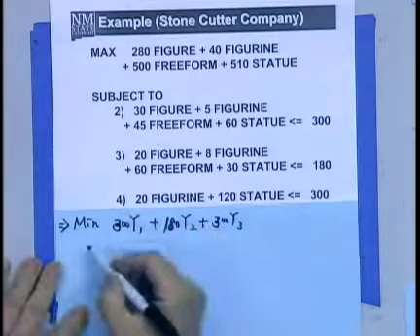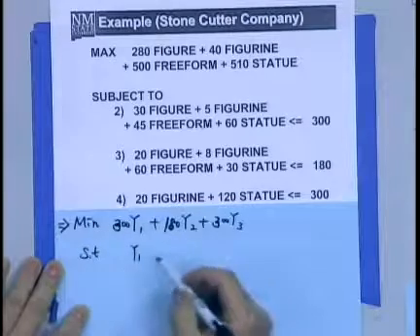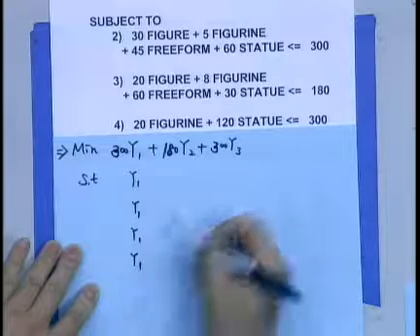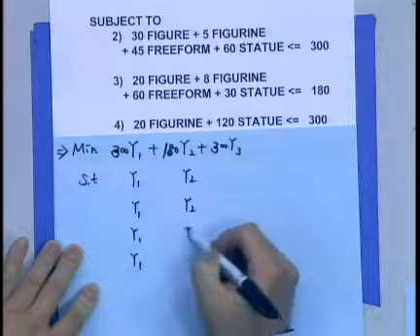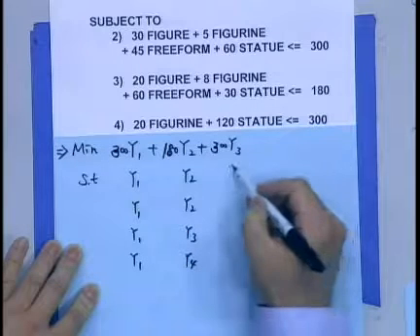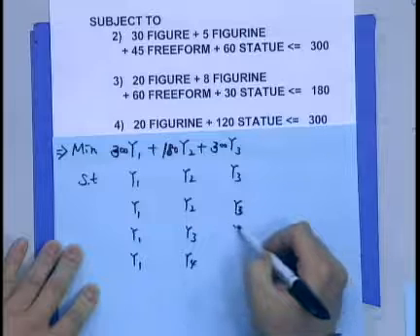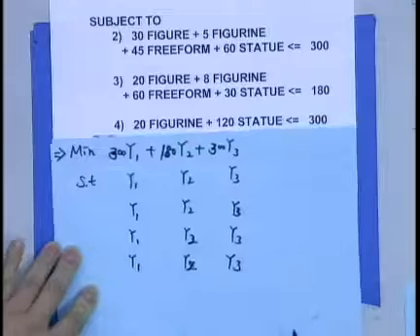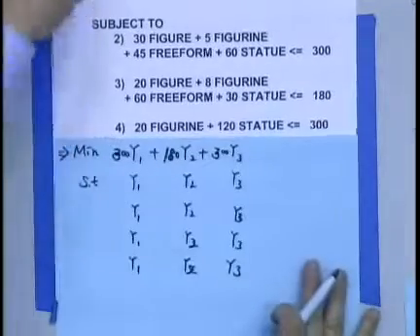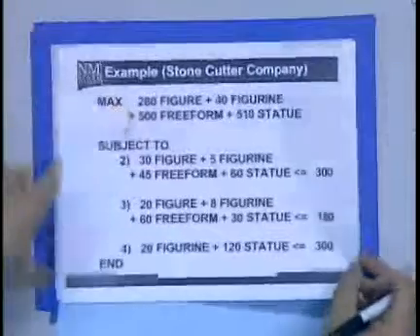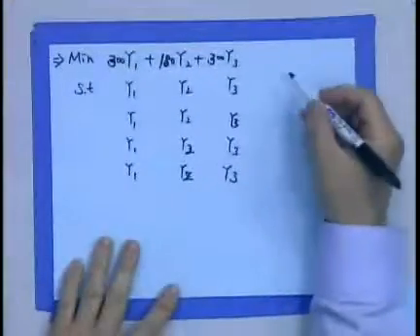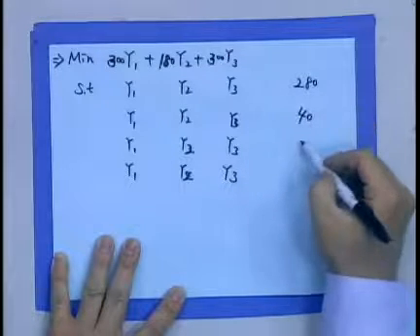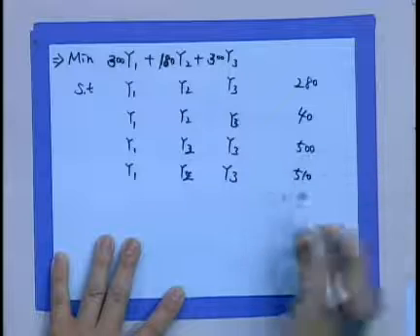And we will have 4 constraints. The objective coefficients in the primal problem become the right-hand side values in the dual problem. So it is 280, 40, 500, and 510, right?